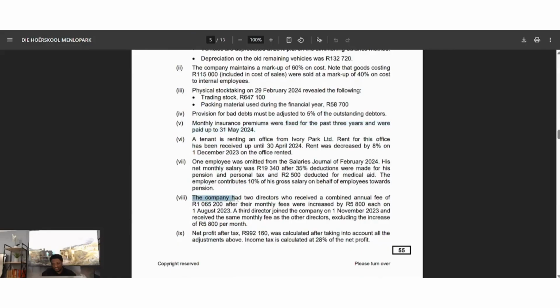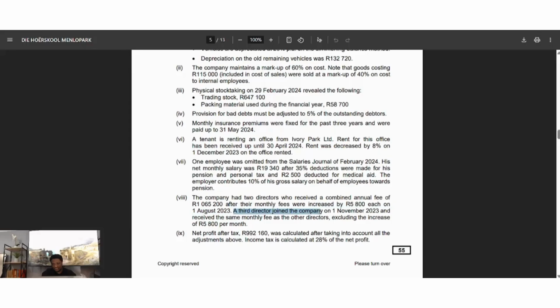It says that the company had 2 directors who received a combined annual fee of 1,065,200 after their monthly fees were increased by 5,800 on 1 August 2023.